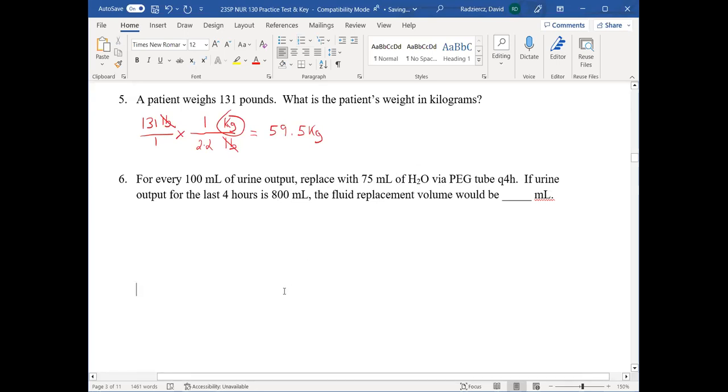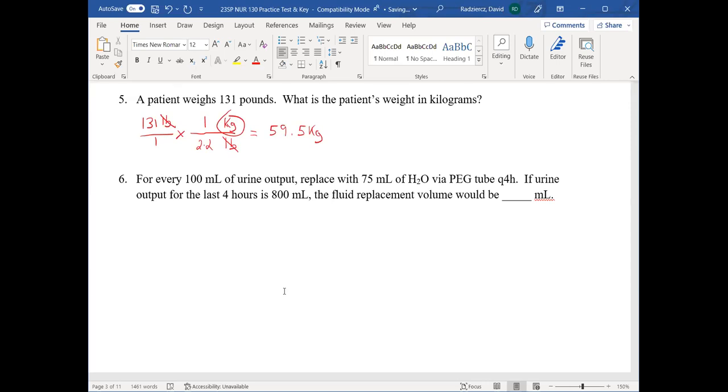All 3 of those variables can be changed in this particular question. You can do dimensional analysis with this. It is a little bit challenging. What I recommend doing is actually ratio and proportion, which I think is a little bit more straightforward for answering this question.